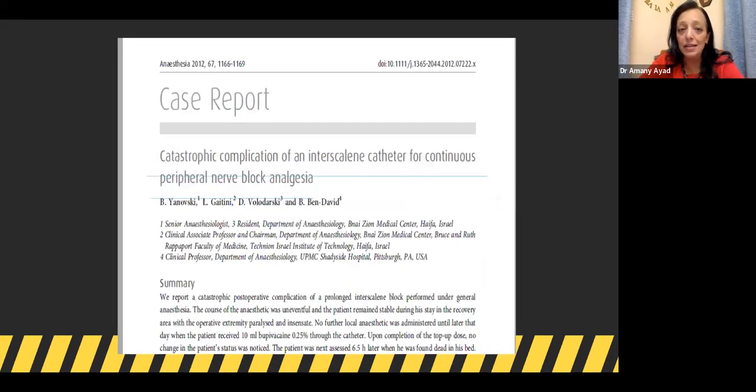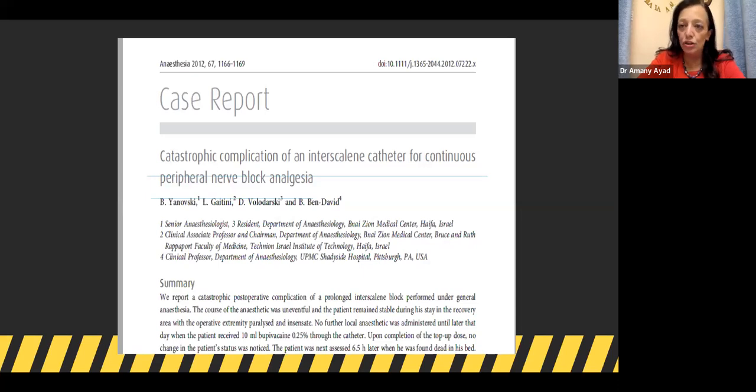Another very interesting case report from the anesthesia journal, in 2012 again. I don't know what is wrong with that year. There was a patient with an interscalene catheter, a young, healthy adult, who had the interscalene catheter placed during some repair surgery in the upper limb. The catheter was not introduced with any drug, and it was left with the patient.